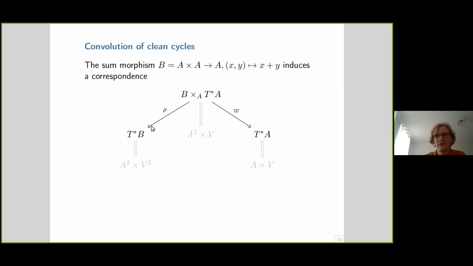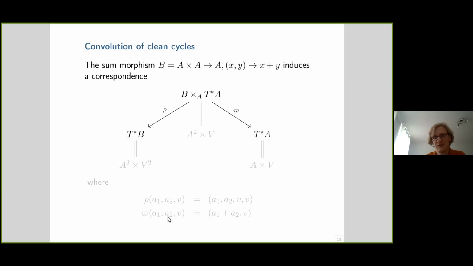So here everything is very explicit, because T star A is just A times V. The pullback is A squared times V, and T star of A times A is A squared times V squared. And the co-differential rho here is just given by the diagonal embedding on the cotangent space. So V goes to (V, V). And this sum map pi is just given by the sum map on the points on the variety.